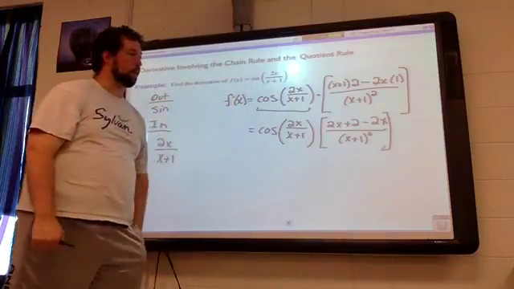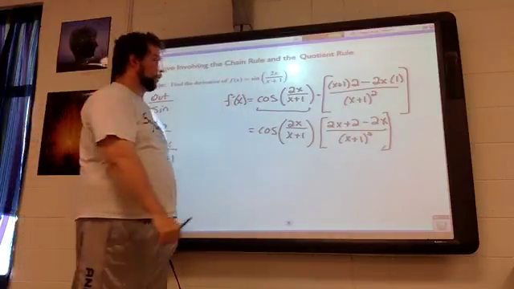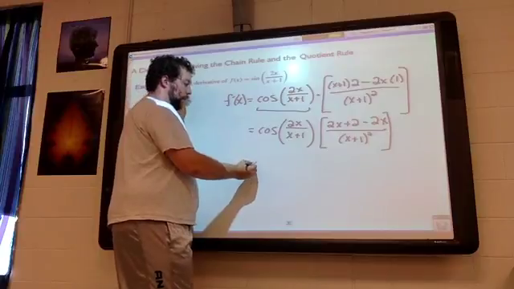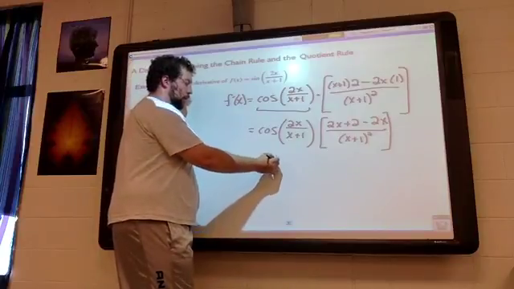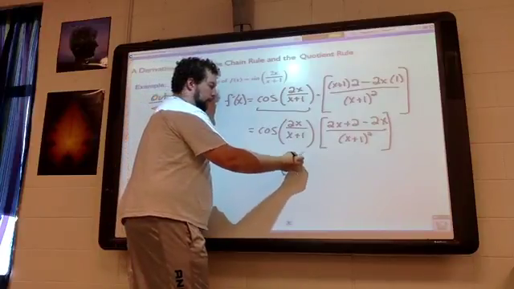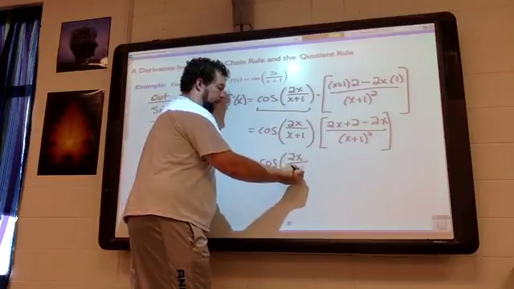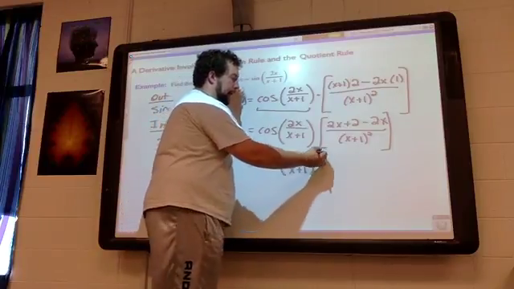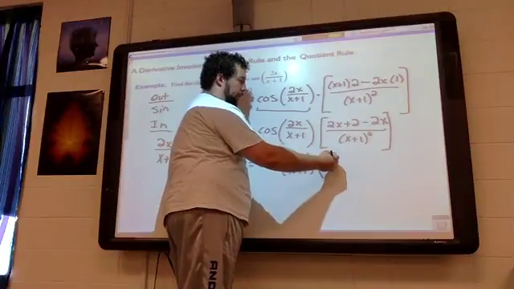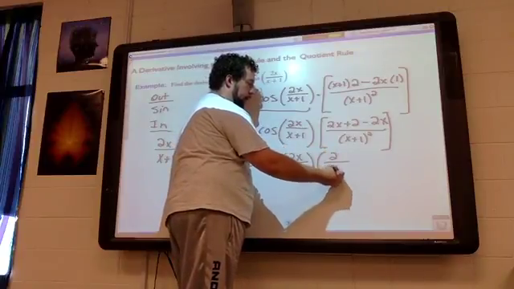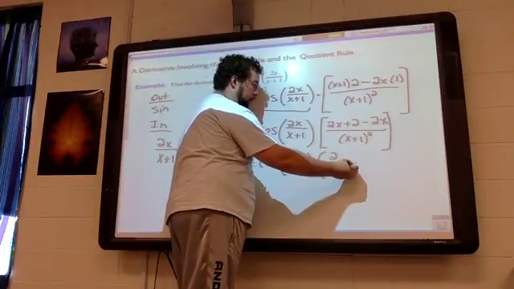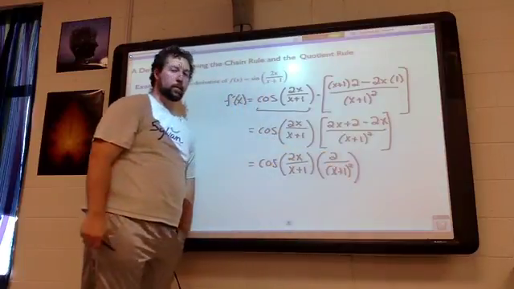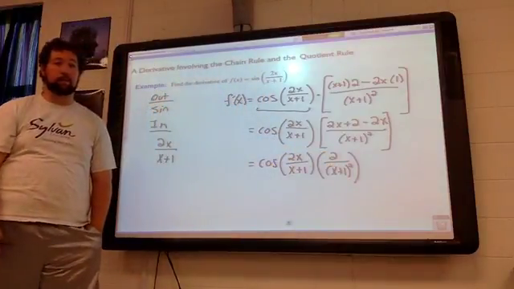The 2x and the minus 2x actually cancel out, so you're going to be left with, in some form or fashion, cosine of 2x over x plus 1 times 2 over x plus 1 squared. And that's it.